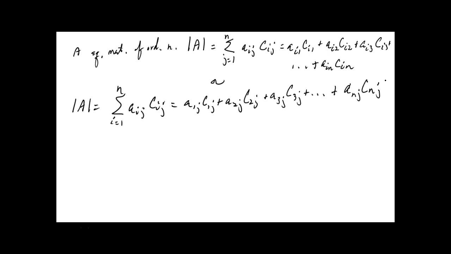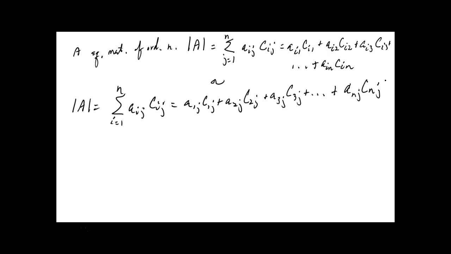Or pick a column, the jth column, and do this times the cofactor here, plus this times the cofactor here, plus this times the cofactor there, and go on. Once you actually do it, it makes a lot more sense than all these letters and numbers and i's and j's and summations. It's exactly what you're doing, but it makes a lot more sense.